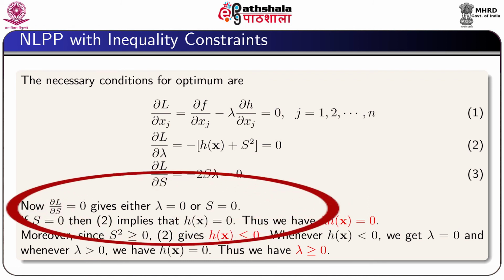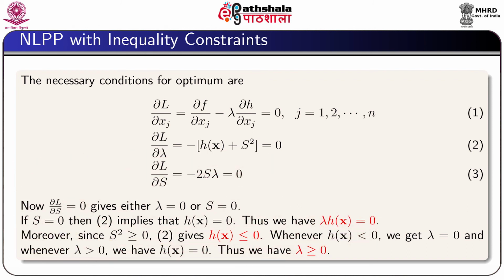Now, del L del s equal to 0 gives either s equal to 0 or lambda equal to 0. Now, if s equal to 0, then from equation 2 we have h(x) equal to 0. Thus, we can write lambda h(x) is equal to 0.